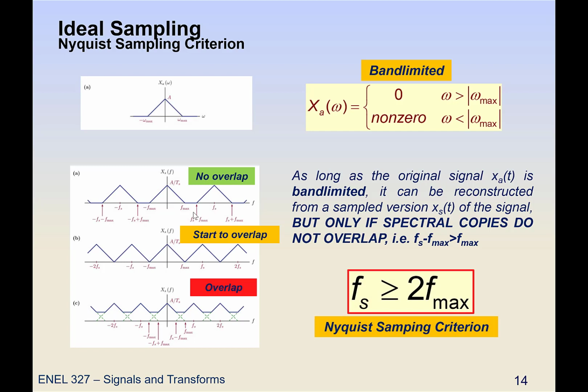In other words, our sampling rate has to be at least twice as high as the maximum frequency of the original signal. And that's what's called the Nyquist sampling criterion. Sorry about the spelling here.